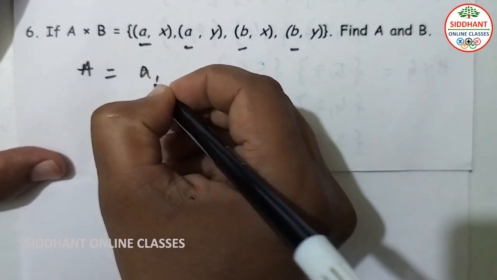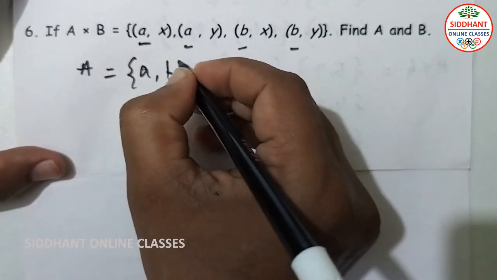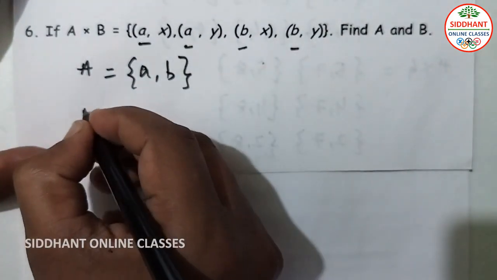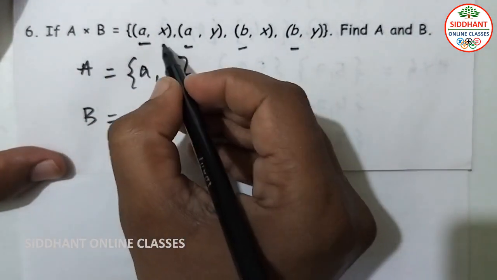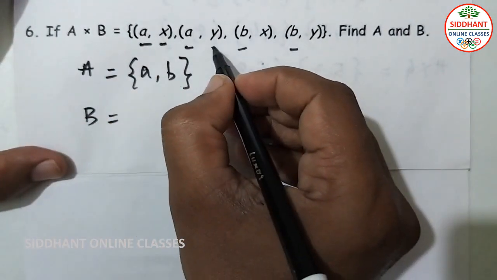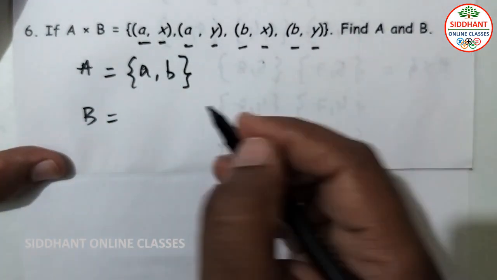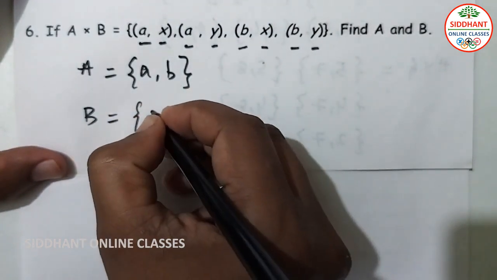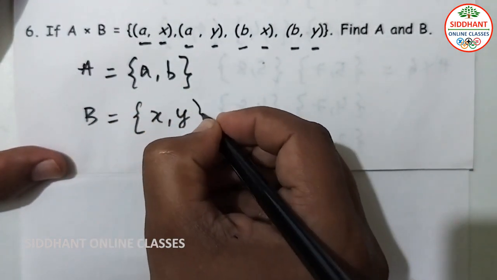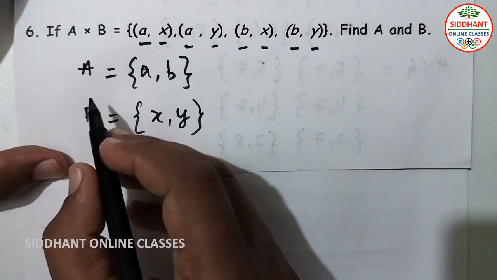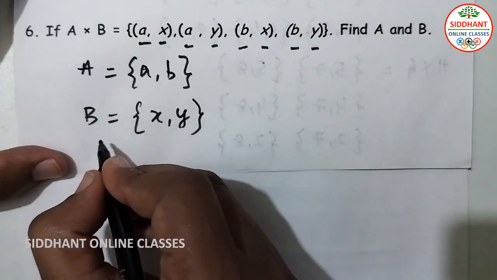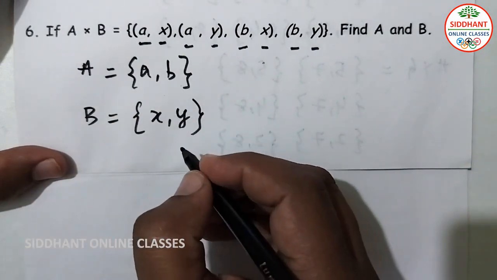So A set will have a, b here. Next B set, the second position, x, y. So here 2 elements, that is x, y. So A set will have elements a, b, B set will have x, y here.